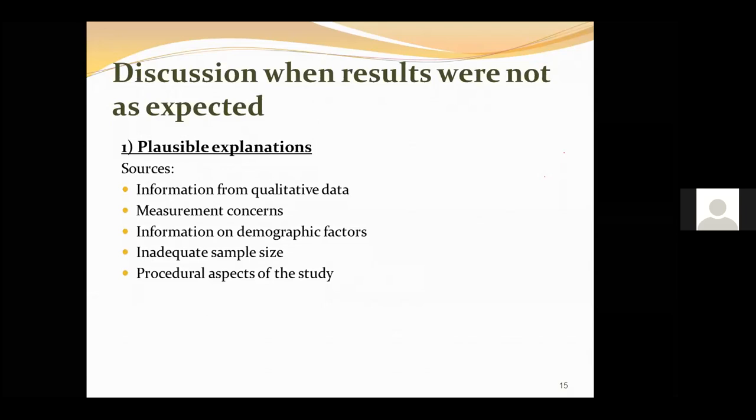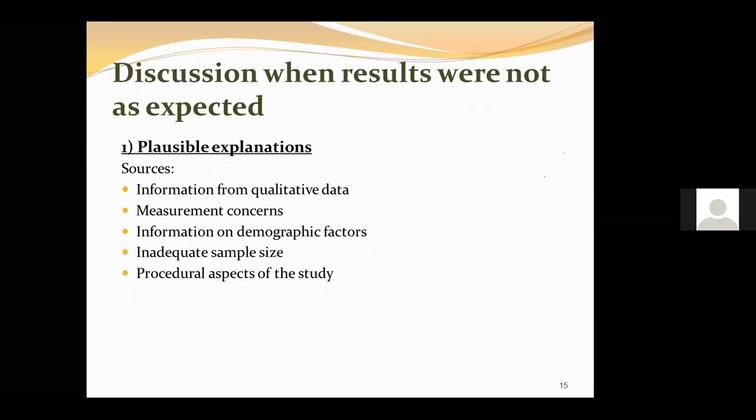That could be an implication. But it all depends on your conceptualization. What I'm trying to say is, one of the reasons why the results don't turn out as expected could lie in the way you measured your variables. So go back and look at how you measured your variables.